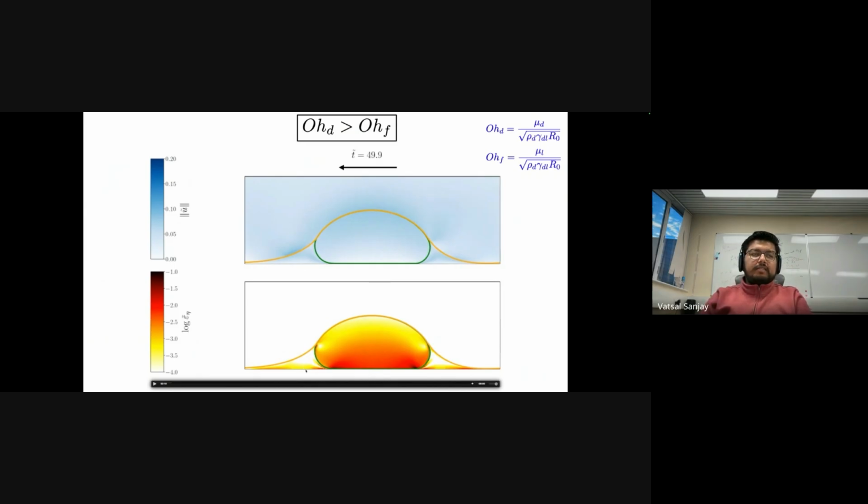And even if we start systematically making the Ohnesorge number of the film go towards zero, these regions don't really disappear. They are still there. They become small, but they still exist. And if you integrate the viscous dissipation close to the plate, they in fact still give you the dissipation.